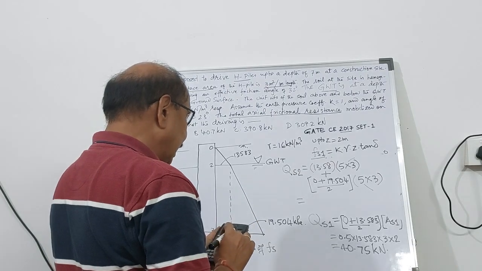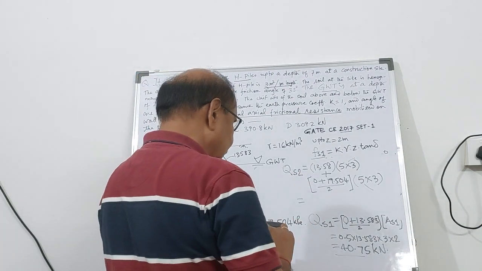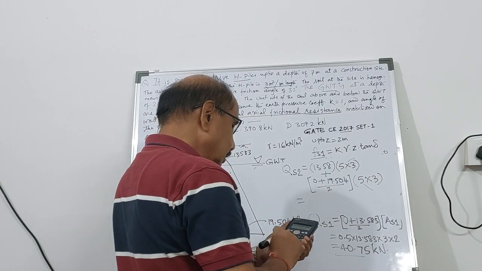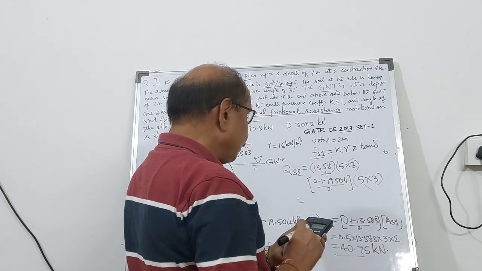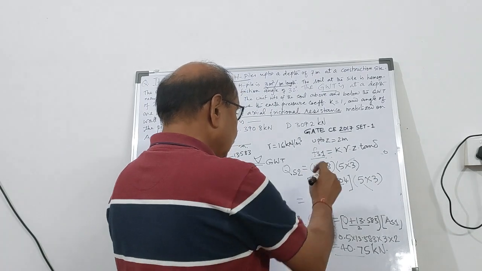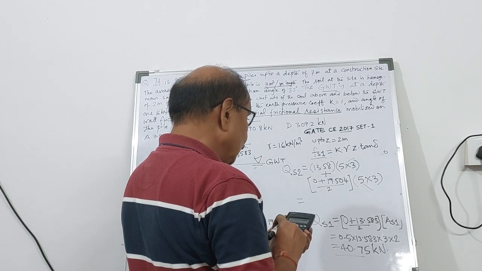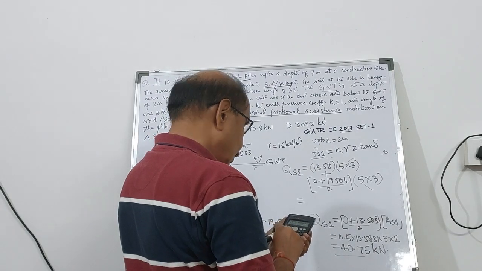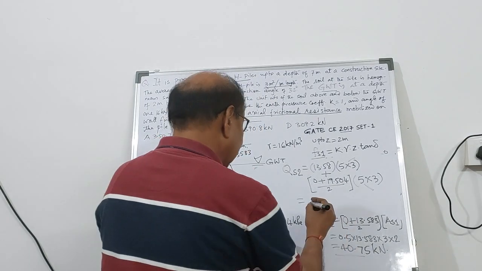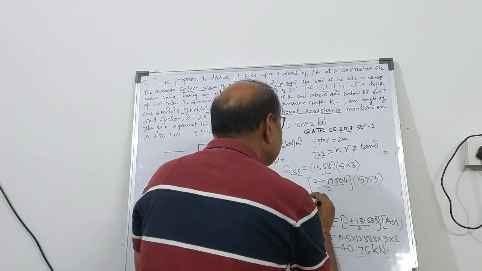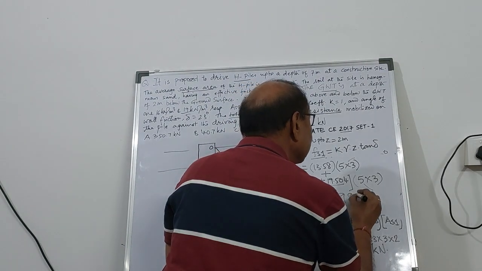So QS2 you should calculate. Let us calculate: 13.583 multiplied by 15, plus 0.5 into 19.504 multiplied by 15, which is 349.98 kilonewton.